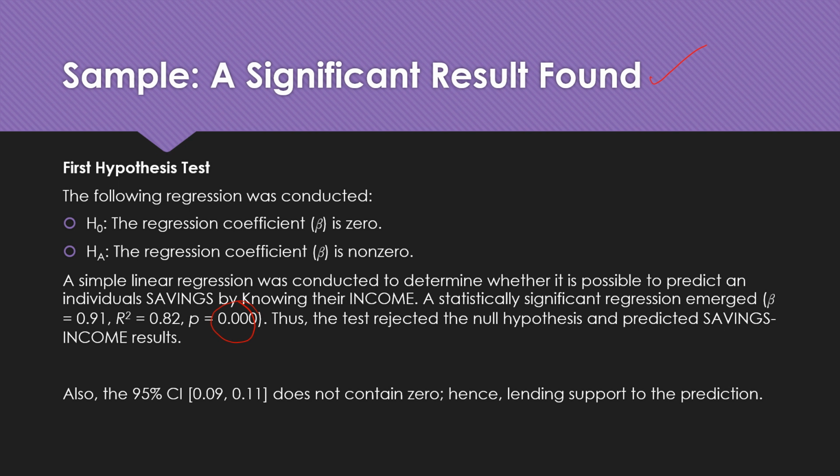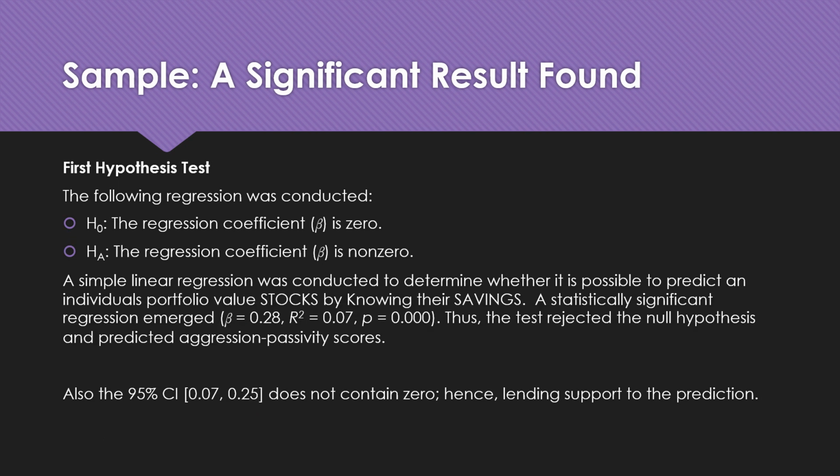So we will be rejecting the null hypothesis and accepting the alternate hypothesis, that is, that the regression coefficient beta is non-zero, which means there is a statistically significant regression between savings and income. The following parameters also lend credibility to the acceptance of this alternate hypothesis.